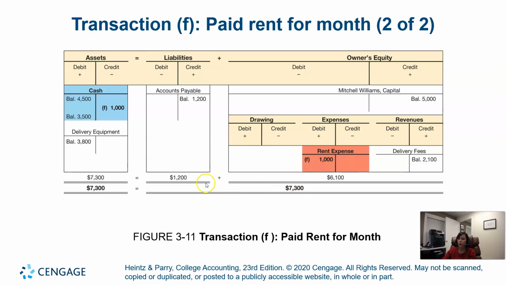And so when we perform the balance sheet equation and we add that to the owner's equity, that gives us 7,300 on the right side of the equal sign. Now, if we mosey on over to the left side of the equal sign, we look at the credit to cash as a result of having spent that money and the reduction in our cash balance. We've still got our delivery equipment. So $7,300 are our assets, and lo and behold, they equal our liabilities plus our equity.